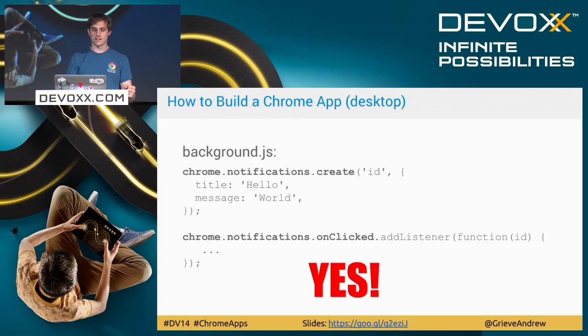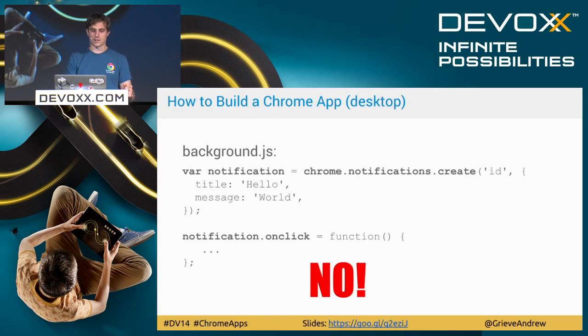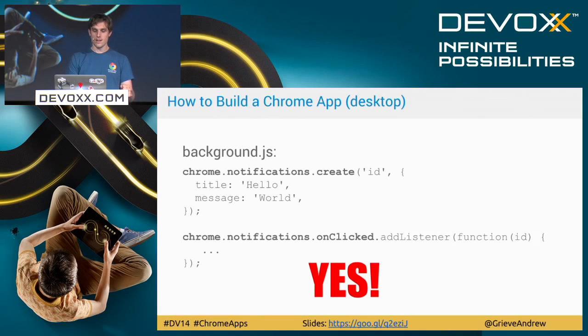So here's how we would actually code this up. Same call to create, actually. This is the real call; I just made up the fact that it returns something. It doesn't. And then you have this global event, chrome.notifications.onClicked, which you can add a listener to. The idea is that every time your background page loads, you register all of your global listeners.